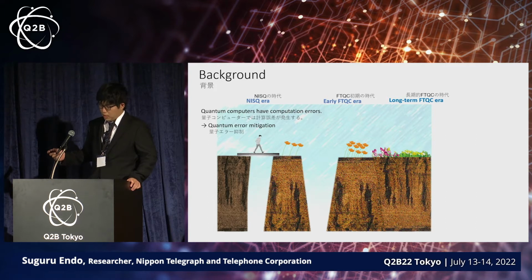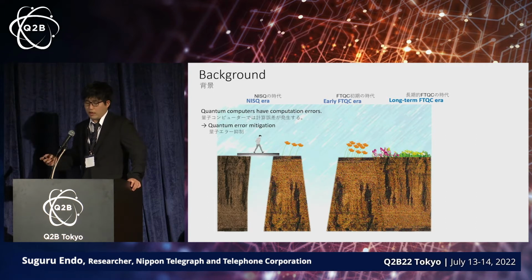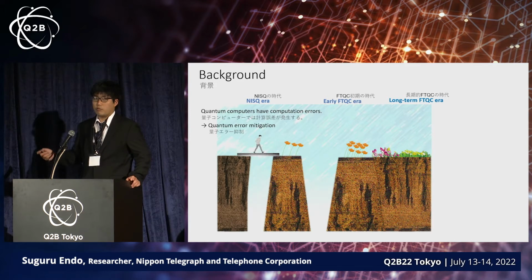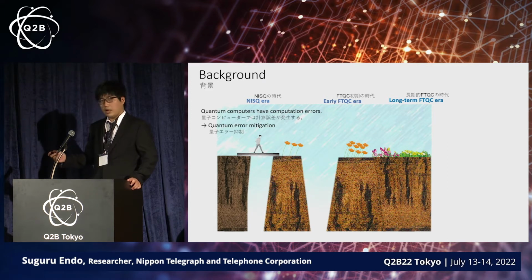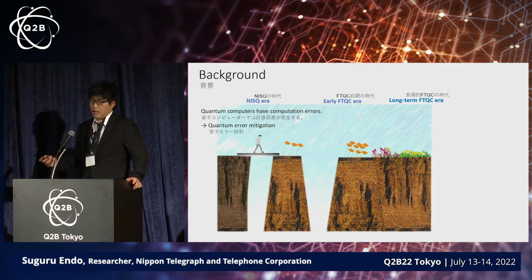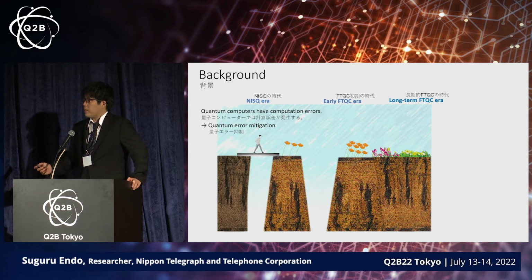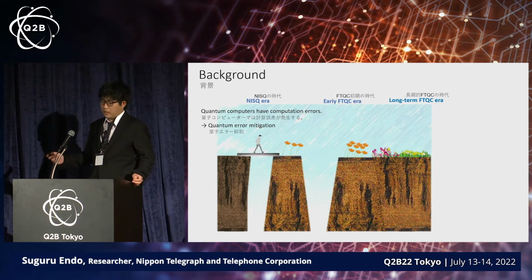And after that, the era of long-term fault-tolerant quantum computing will come, where we can perform really powerful tasks like the famous Shor's algorithm for prime number factoring, and very complicated Hamiltonian simulations for simulating many quantum systems, useful for drug discovery and material design and so on. And possibly we can also perform the HHL algorithm, which is useful for machine learning tasks and so on. The development of quantum computing is expected to go like this.